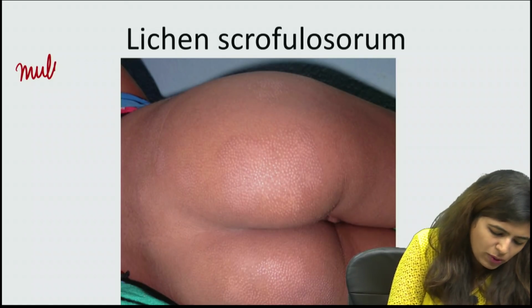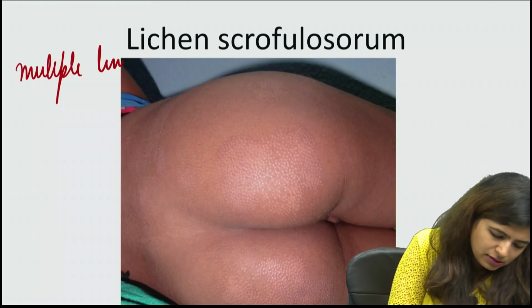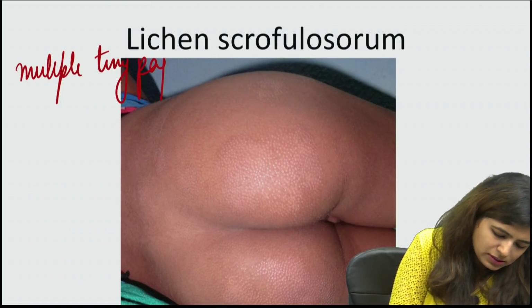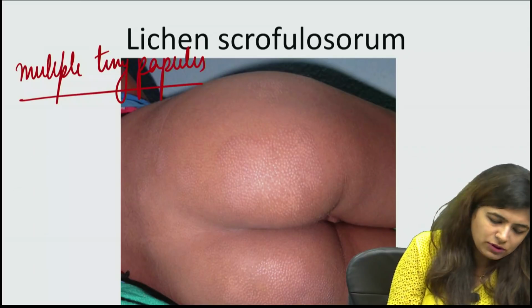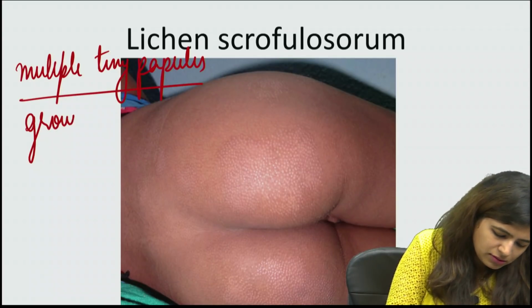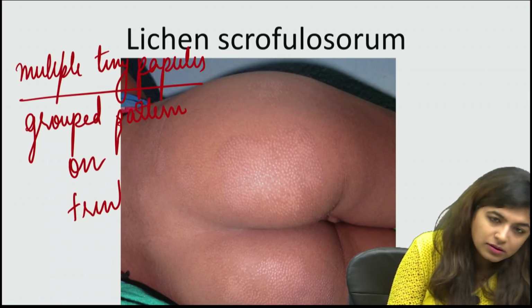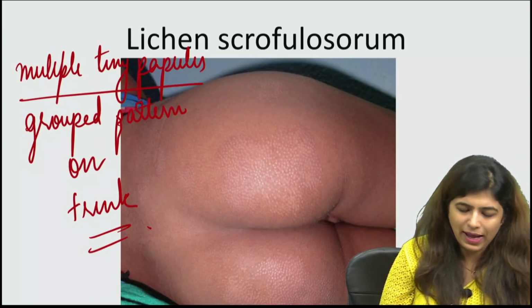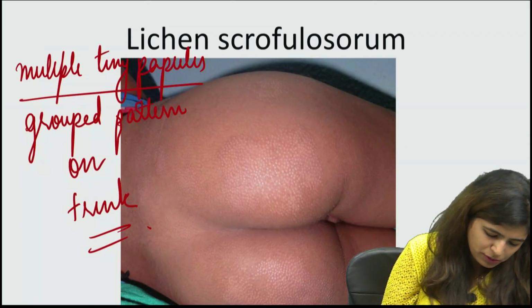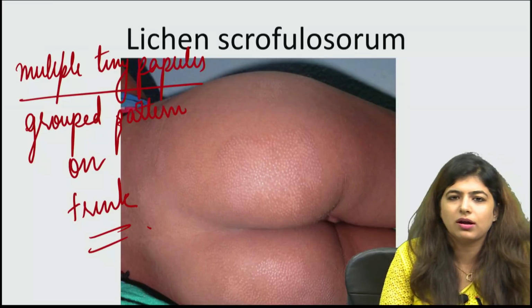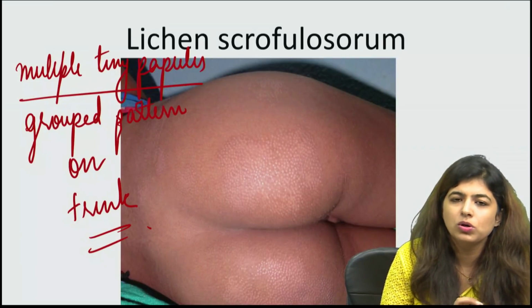Because here also you have multiple tiny papules which are present in a grouped pattern on the trunk. So this is what you have to actually remember. They are present in a grouped pattern on the trunk, lichen scrofulosorum.